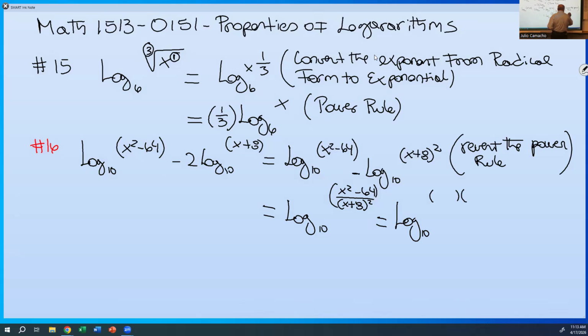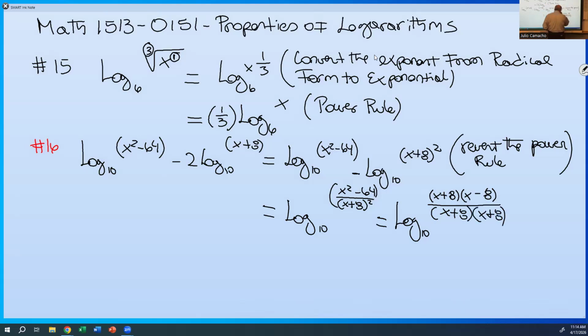I put two parentheses. The square root of x squared is x, and the square root of 64 is 8. We know that the first is positive, the second is negative. And then in the denominator, I have x plus 8 squared. That means I need to write twice this expression, x plus 8 times x plus 8.